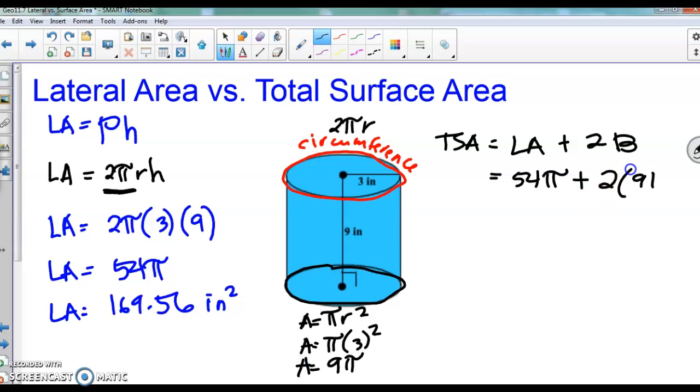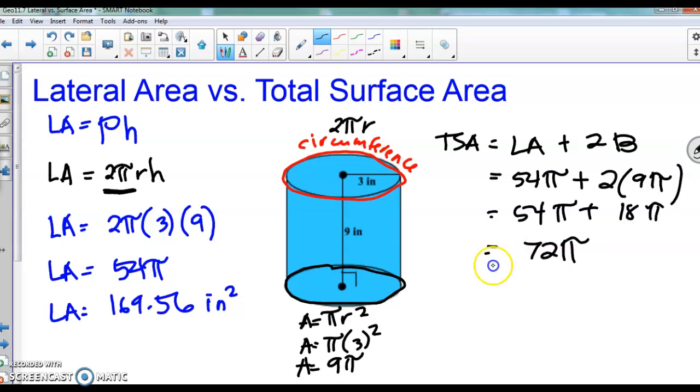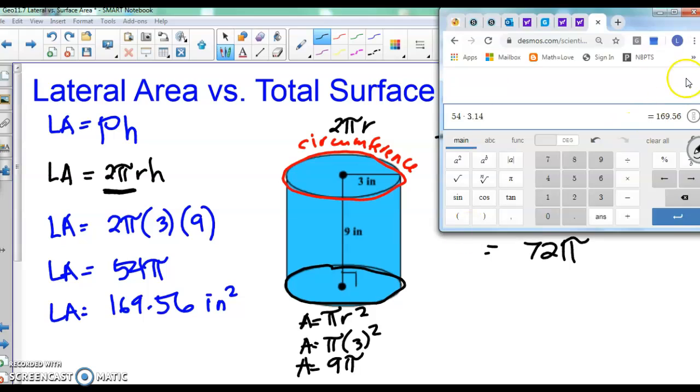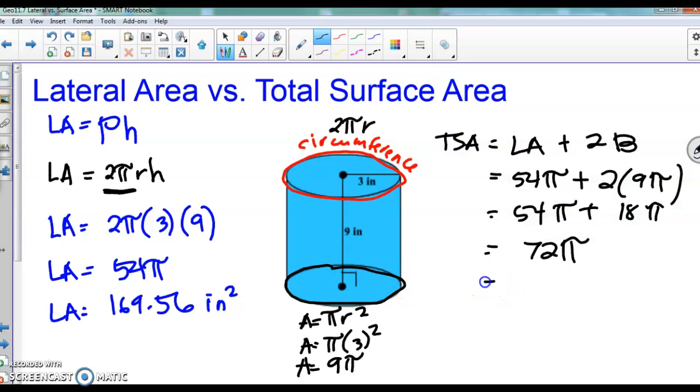So it's going to be 2 times 9 pi, which is 18 pi. When you add them together, you will get 72 pi, right? Let's see what that is in decimal. So 72 times 3.14 is 226.08. So this will be 226.08 square inches.